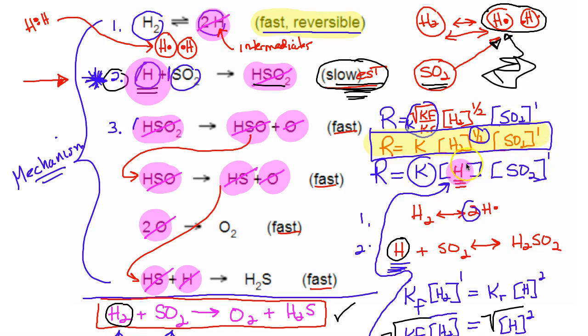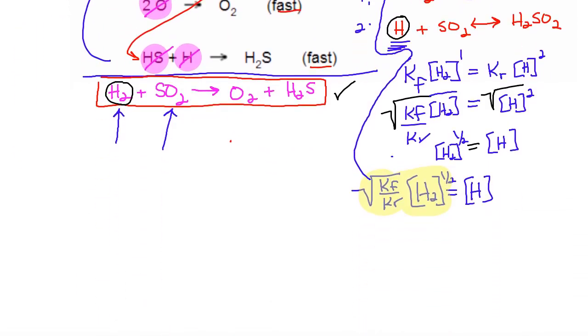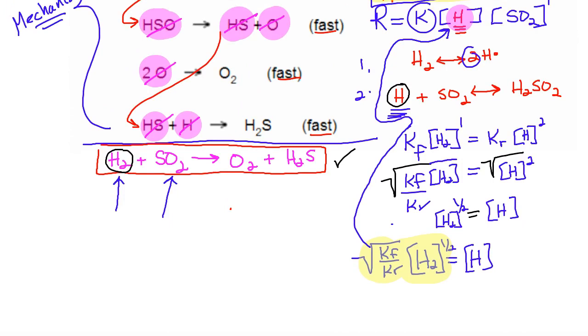So what I'm going to do is I'm going to rewrite this a little bit to make sure that you can clearly see what we're saying here. Okay, so again, a last little ditch effort here for you to understand, is that I essentially put this algebraic equivalent for the H. And so I solved for the H, and remember I did so because the rate of the forward reaction equals the rate of the reverse.